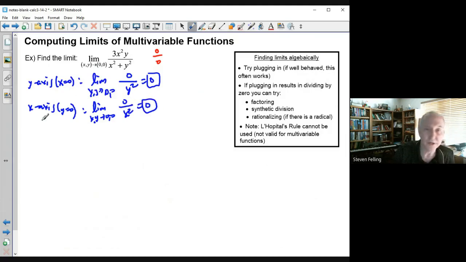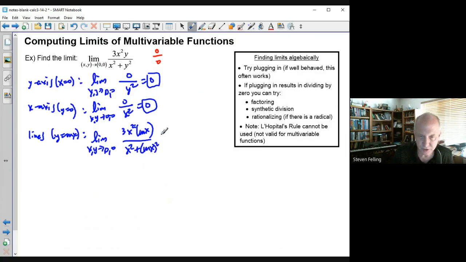Let's try the lines. We tried lines. Lines would be of the form y equals mx, and so if I did that, I have the limit as (x,y) approaches (0,0) of x squared, but then this y would be mx, over x squared plus mx squared, right? So it's going to be 3mx cubed on top. You know what? I could factor out an x squared.